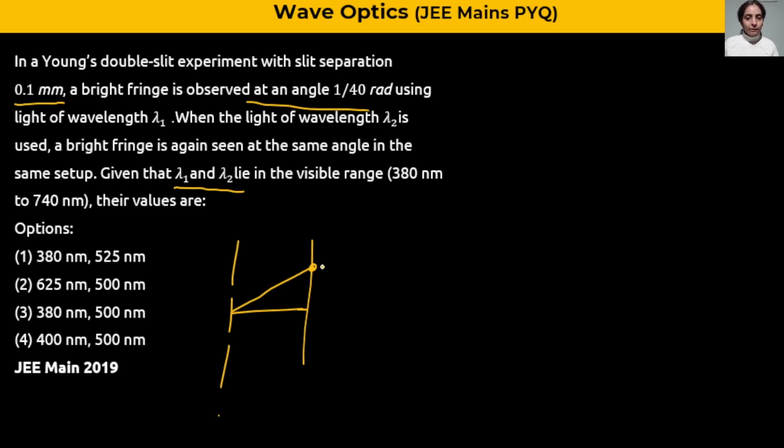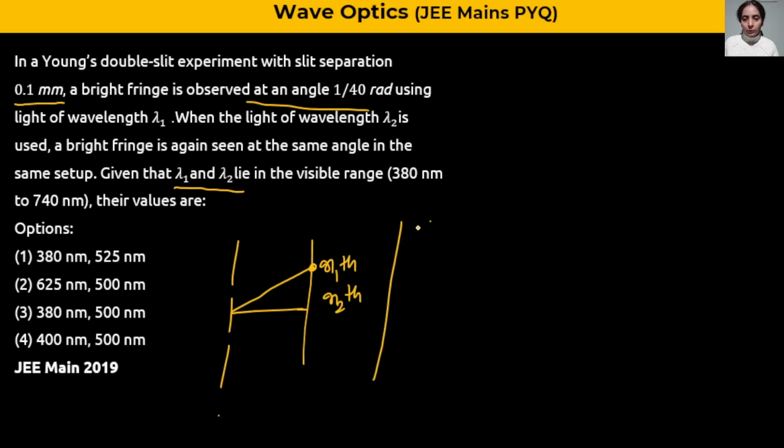So let's say for wavelength lambda 1, this is the n1th maxima, and for the second wavelength, this is the n2th maxima. For the first wavelength, what will be the path difference over here? Path difference will be nothing but d theta. Theta is very small, 1 by 40.